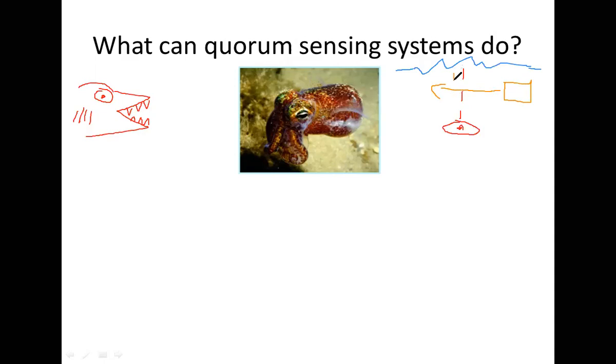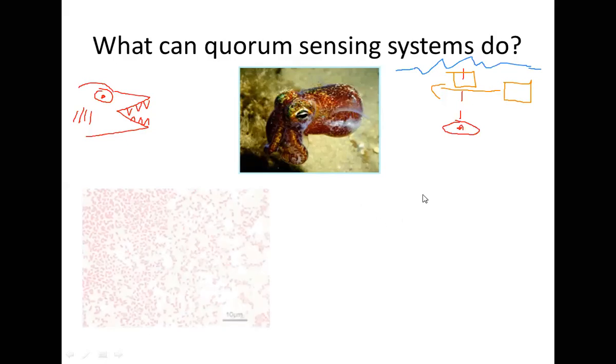When that square gets here, it's going to cast a shadow, and that allows the shark to say, aha, here's lunch. However, if this guy is producing his own light, his own glare, then that shadow doesn't form, and the shark is out of luck. So this is a symbiotic relationship, which is a survival strategy for the Hawaiian bobtail squid. And again, it is only possible because of quorum sensing, because that Vibrio fisheri bacterium does not bioluminesce until there are enough of them present in one space.